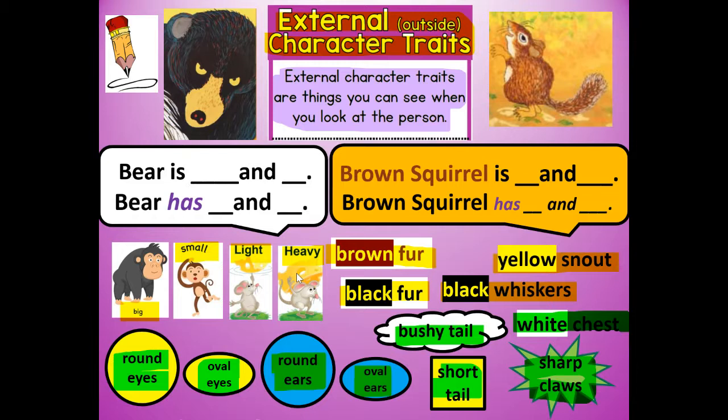Well, brown squirrel has a white chest. So your last sentence to describe what brown squirrel looks like would be brown squirrel has a bushy tail and a white chest. So push pause, write that sentence. Brown squirrel has a bushy tail and a white chest. And when you're done with that sentence, push play.